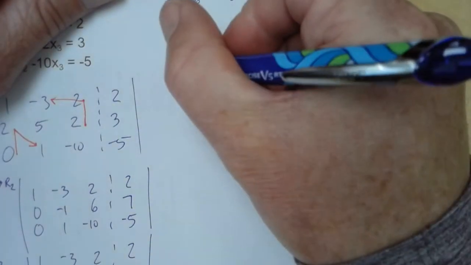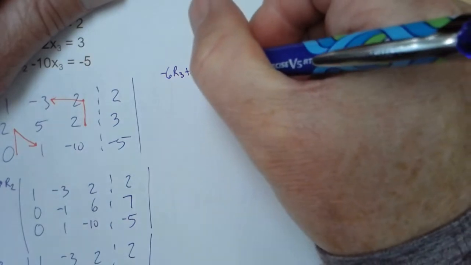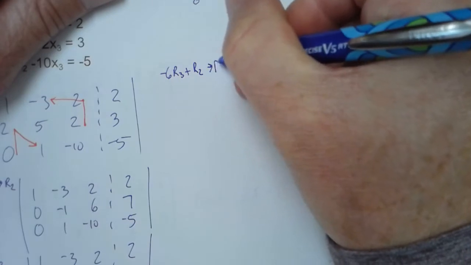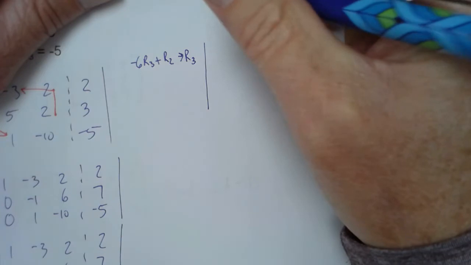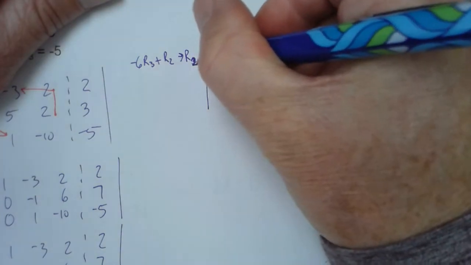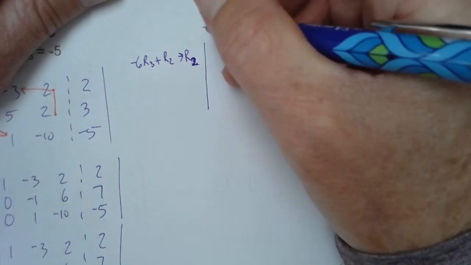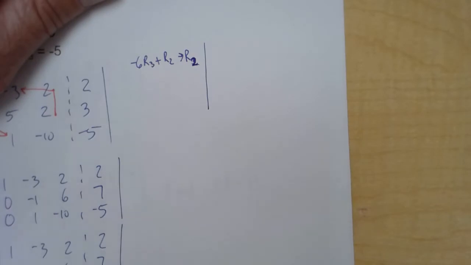So it's going to be -6 times row 3 plus row 2. Put the answer into row 2.